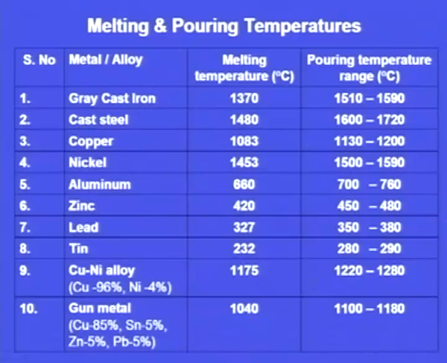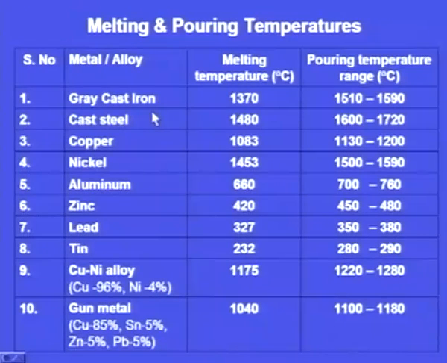And before that, it is necessary for us to know the melting temperatures of certain important cast metals and alloys. If we see the grey cast iron, the melting temperature is 1370 degrees centigrade. And again, the grey cast iron has certain composition.